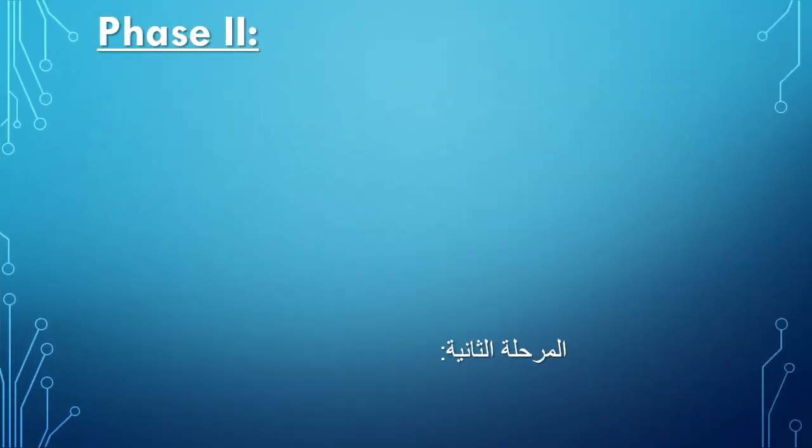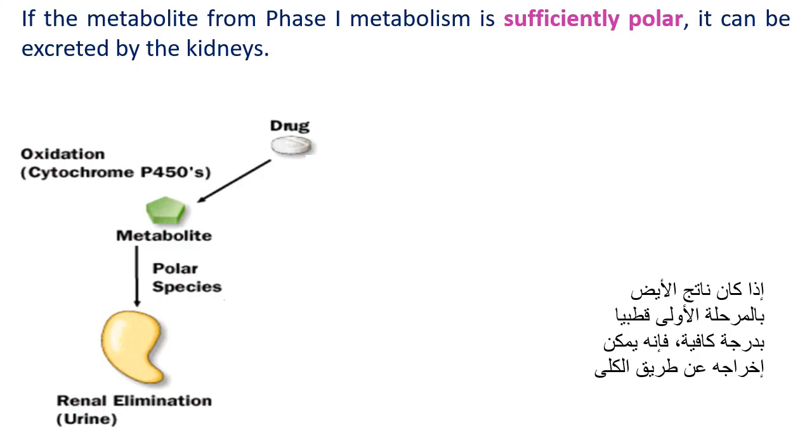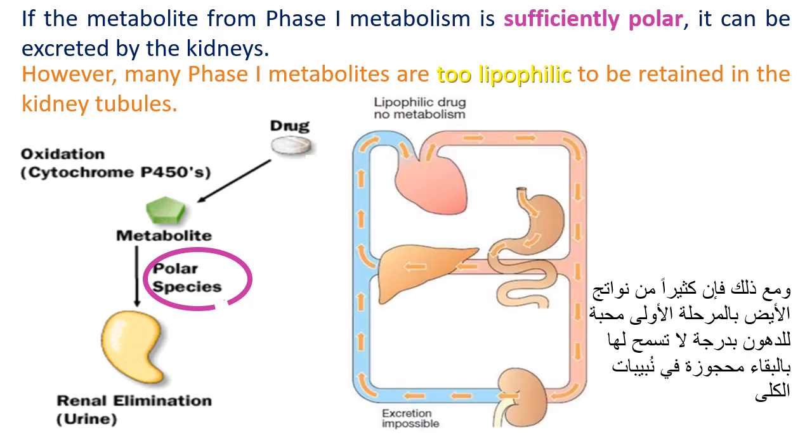Phase 2. This phase consists of conjugation reactions. If the metabolite from phase 1 metabolism is sufficiently polar, it can be excreted by the kidneys. However, many phase 1 metabolites are too lipophilic to be retained in the kidney tubules.